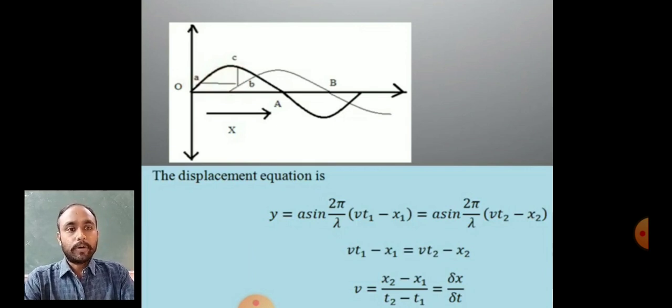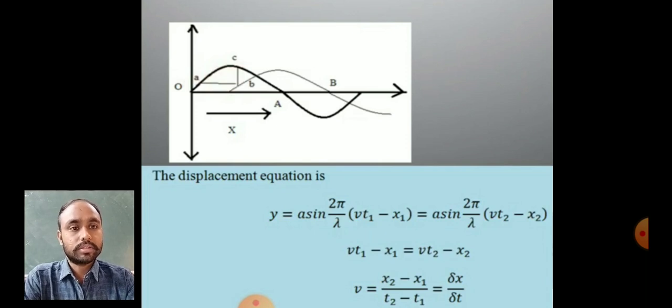Okay. Now what we have to do is take the V terms to the left side and the x terms to the right side. Taking the V terms to the right side, Vt2, and this Vt1 goes to the right side and becomes minus, that means Vt2 minus Vt1, and this negative x2 goes to the left side and becomes positive, that's why x2 minus x1.